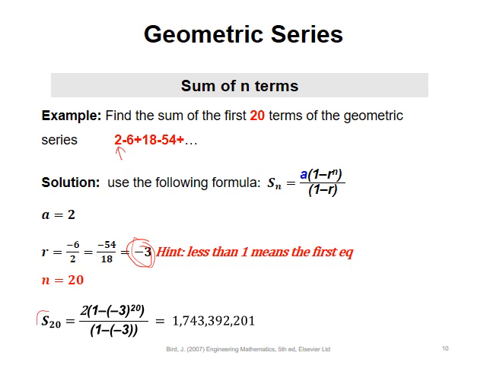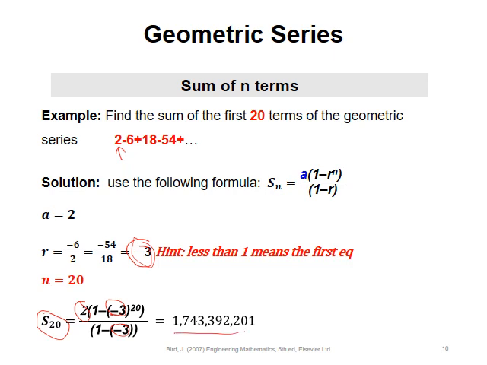We say S20 equals a times 1 minus r to the power n, where r is minus 3, and here also minus 3 to the power 20. We use the calculator to do the math, and then we find the solution.